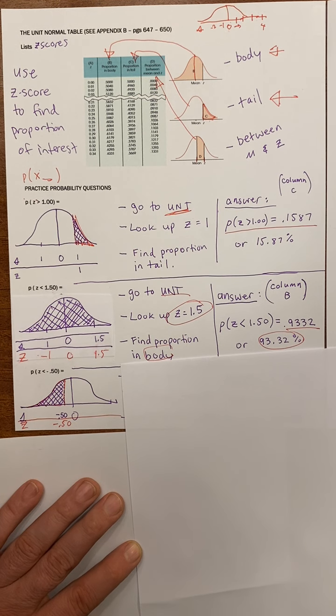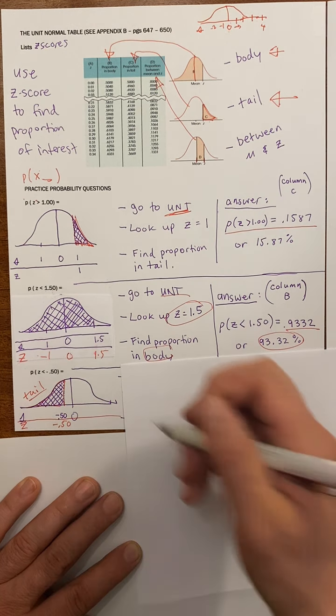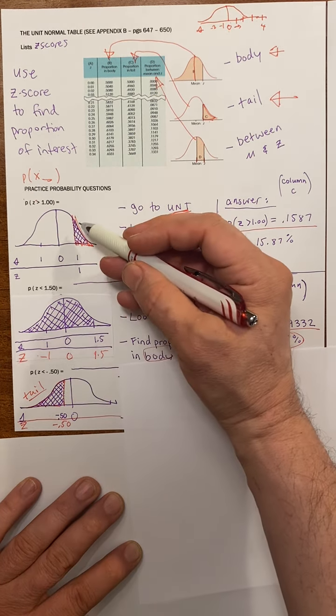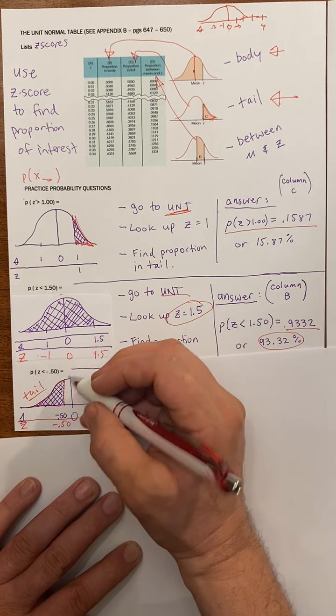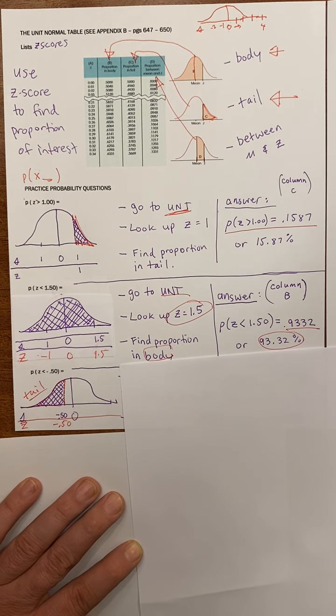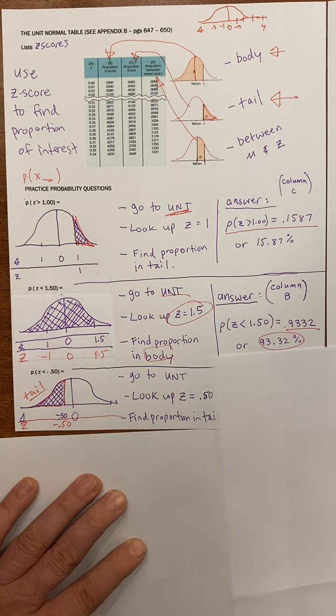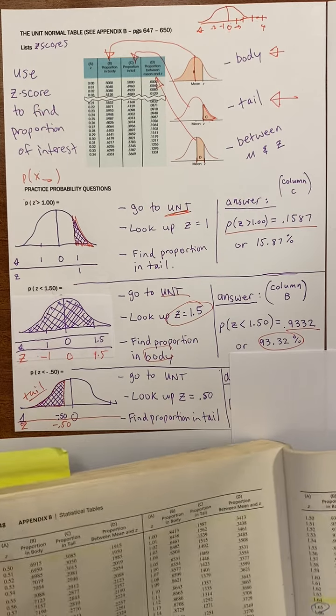I'll just kind of cut to the chase. Again, you are going to go to the tail to figure this out. It's a larger part of the curve than you had over here, but it's going to still be the tail of the curve because it's still less than half of the curve. Okay, so we go to our unit normal table. We look up our value of 0.50.